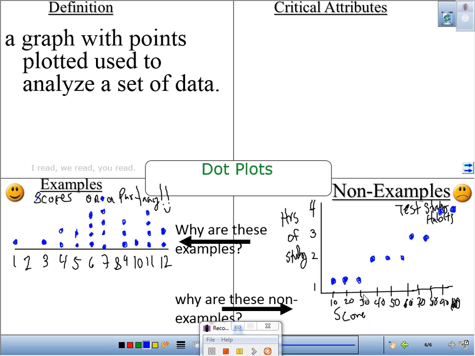Kinda, doesn't it? Kinda because of the dots, right? However, what doesn't make it a dot plot? The fact that it has a different set of data on the side. So how many sets of data do we have here? 2. We're comparing hours of study versus a score on a test.